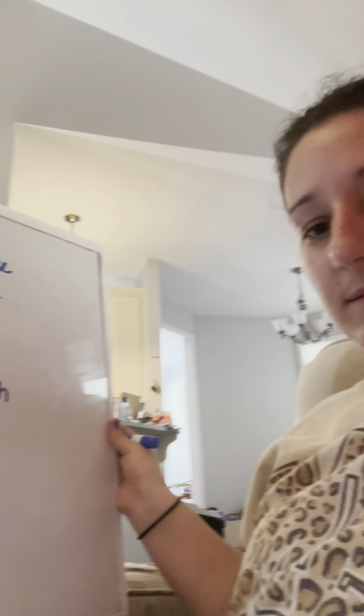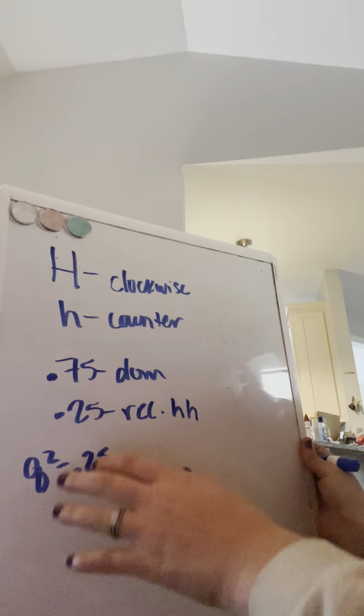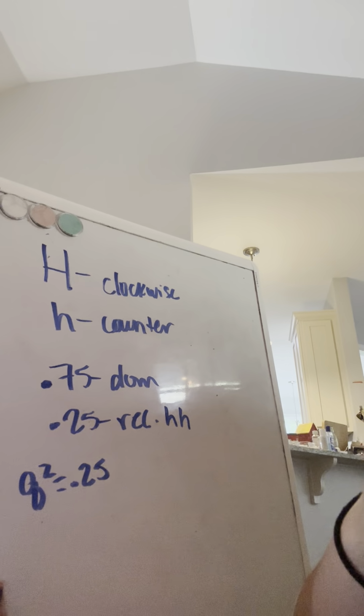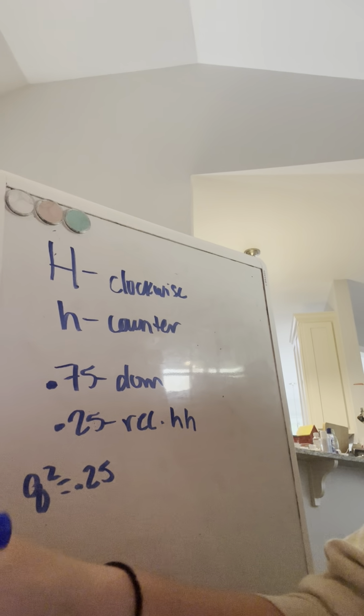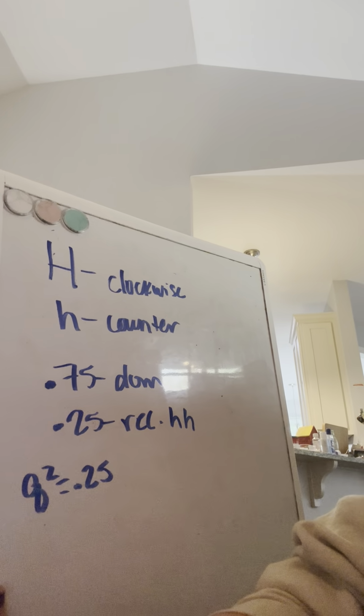So you've got 0.75 are dominant, which means 0.25 is recessive. So if 0.25 is recessive, that means it's little h, little h. So that means Q squared equals 0.25. Okay? All right. So Q squared is 0.25.